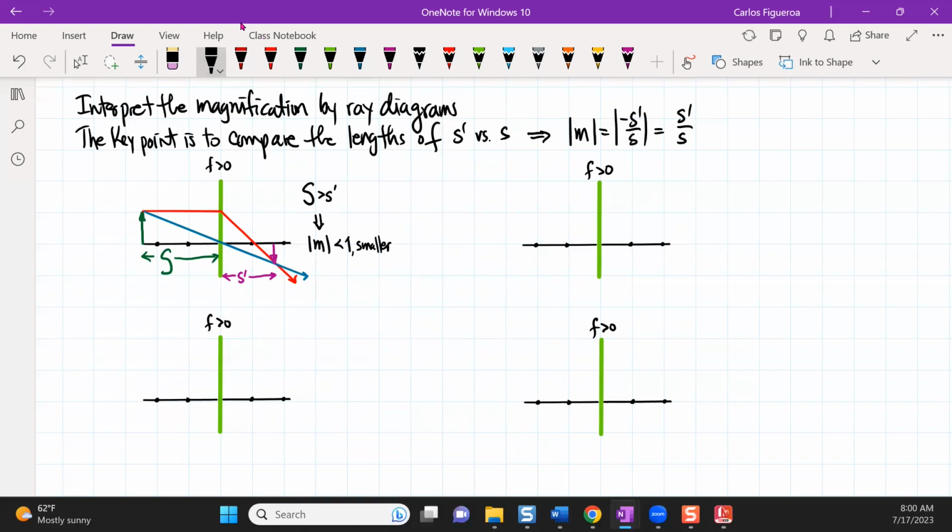Now let's keep changing this. Look at the distance here. Here's my object, and this distance is S again. So let's look at this guy again. If I draw my ray diagram here, that's not the way it should go. Then here's my second ray.